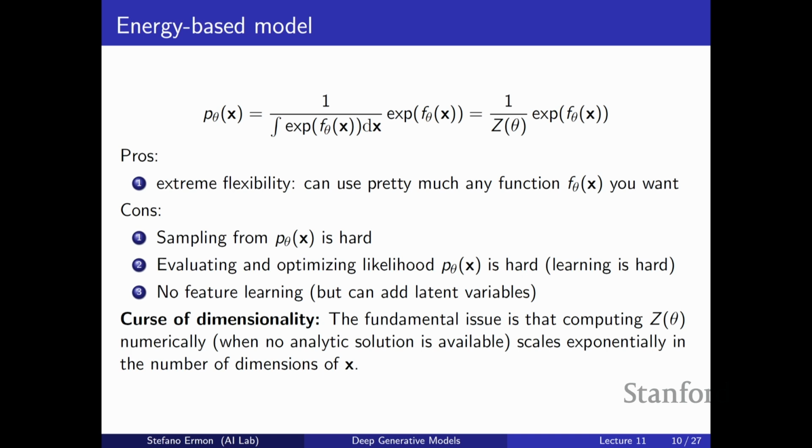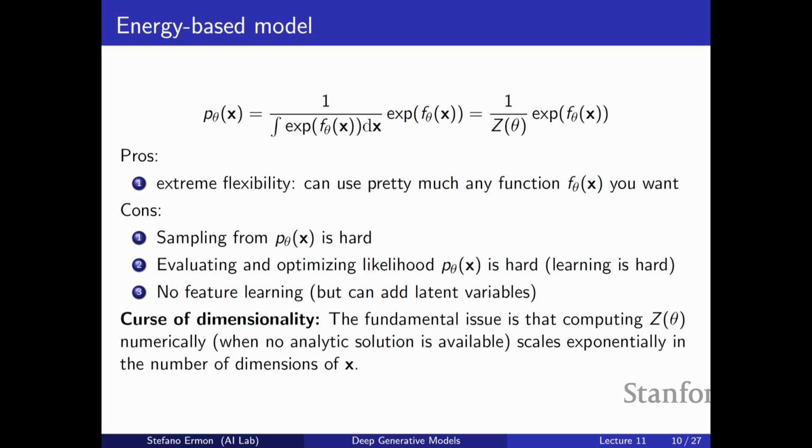Essentially, if you think about the discrete case, the number of possible x's that you would have to sum over grows combinatorially, exponentially in the number of dimensions that you have. And essentially the same thing happens in the continuous world.